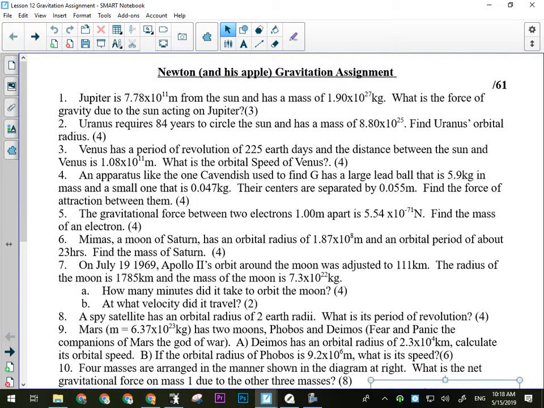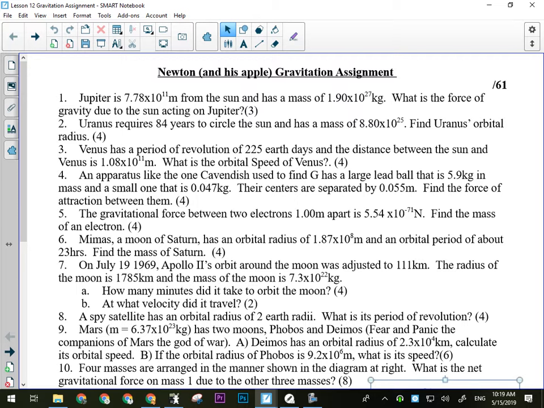Don't overthink them. But like I said, there may be multiple ways to do some of the questions, especially if it's a Kepler versus satellite motion problem. You may be able to solve some of them using one or the other. But there are a few that I have made on this assignment that can only be solved one way. And I built them that way on purpose.